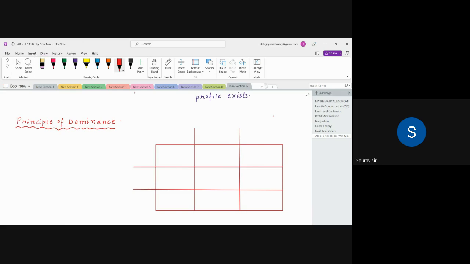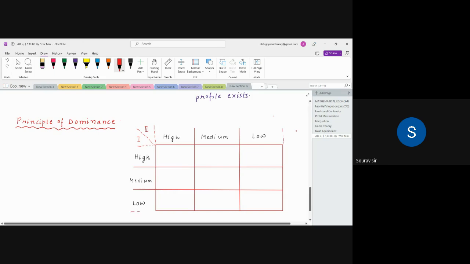So there are two firms, let's say one and two. There are three options: set a high price, or set a medium price, or set a low price. And similarly, firm 2 also has the same options: high, medium, and low.